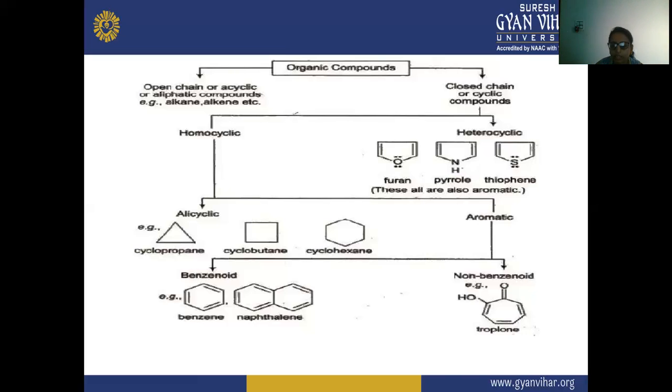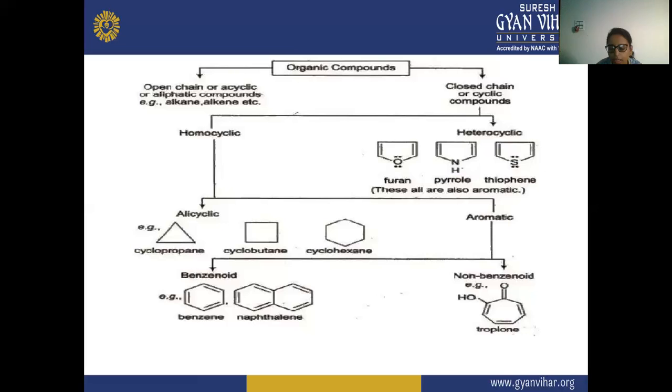For these alicyclic compounds, the first example is cyclopropane. Cyclo means cyclic, and propane means they contain three carbon atoms. In the triangle, you can see three carbon atoms attached to each other. Second is cyclobutane. In cyclobutane, you can see four carbon atoms attached to each other, and that is why the name is cyclobutane.